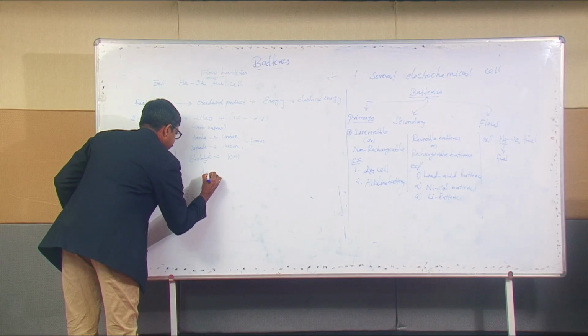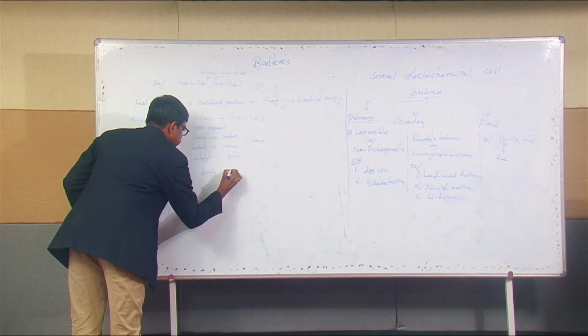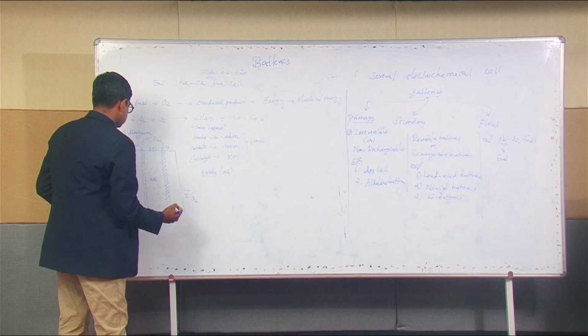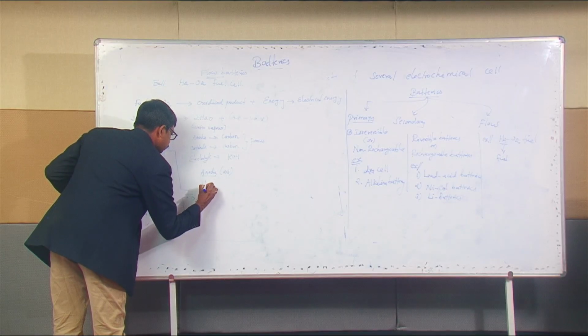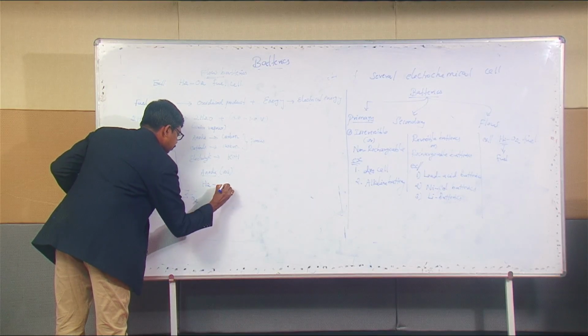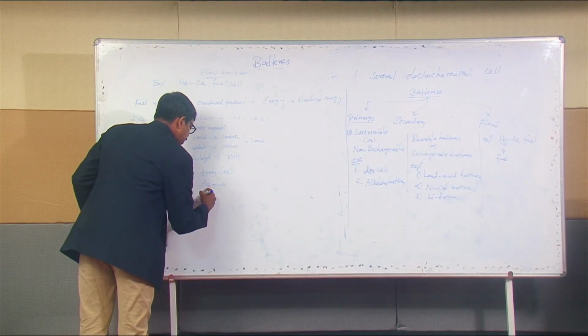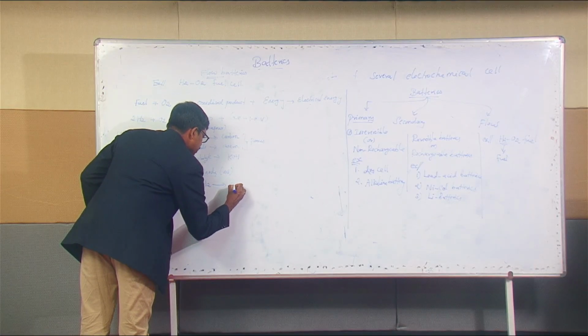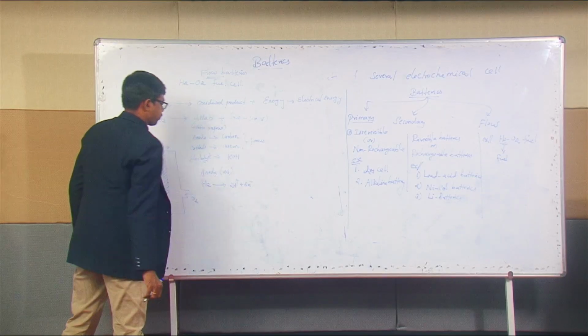At the anode side, oxidation takes place. We bubble hydrogen to the anode side, and it gets oxidized to form 2H plus and release 2 electrons.